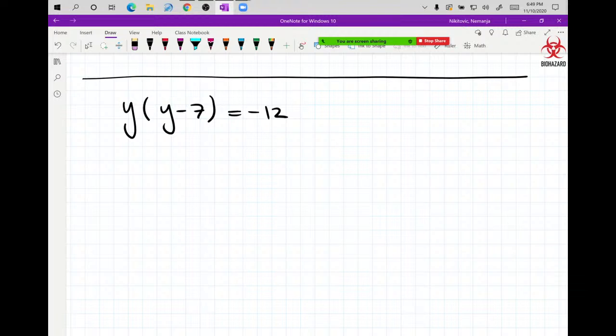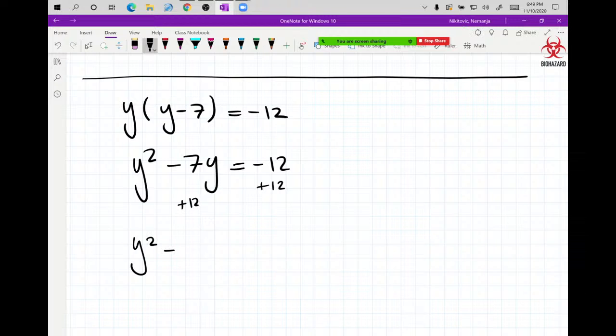So when I distribute y, I get y squared minus 7y. And now I add 12 to both sides. Now when you add 12 on the left, it doesn't add to anything. The right-hand side gets 0 because 12 minus 12 is 0.